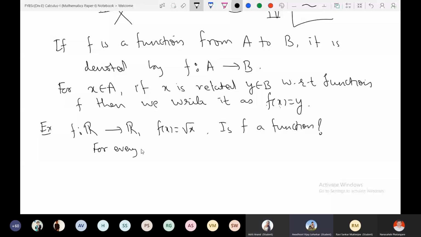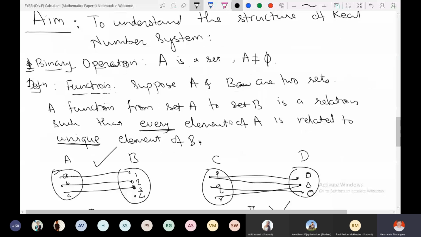The domain should be different. The "for every" condition fails in this case, right? Because for x equal to -1, f of x is square root of -1, which is not available in the codomain, not available in the second set. Our definition says for every element in A, there should be a corresponding element in the second set.